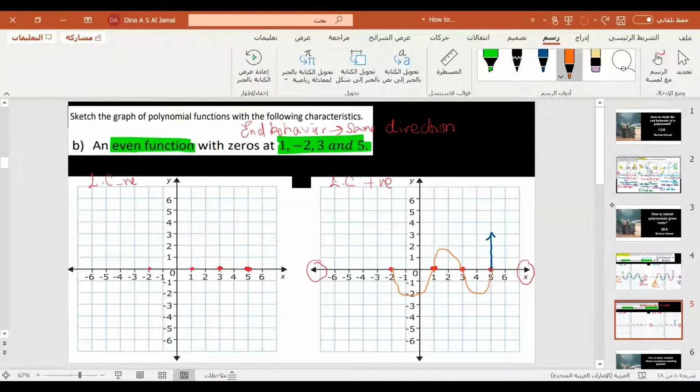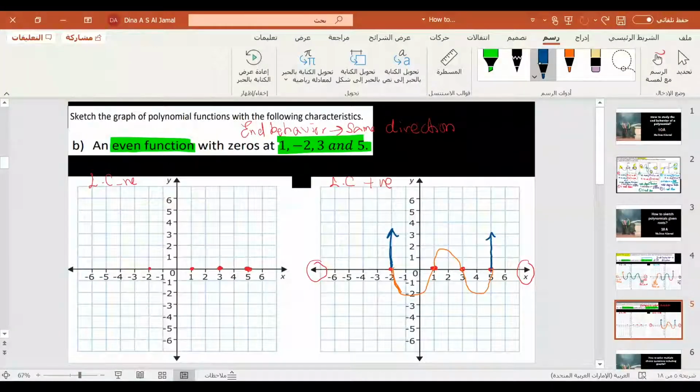Then when I reach here, I should make sure that it goes in the same direction as I started. So let me just graph it again here at the end. With this, we made sure that both of them are pointing in the same direction. Now, what about if it is negative?